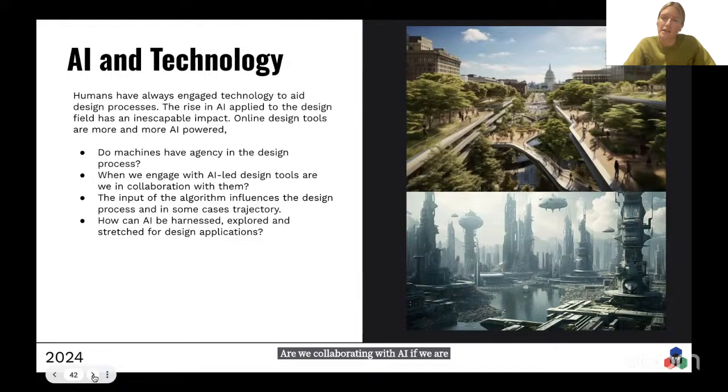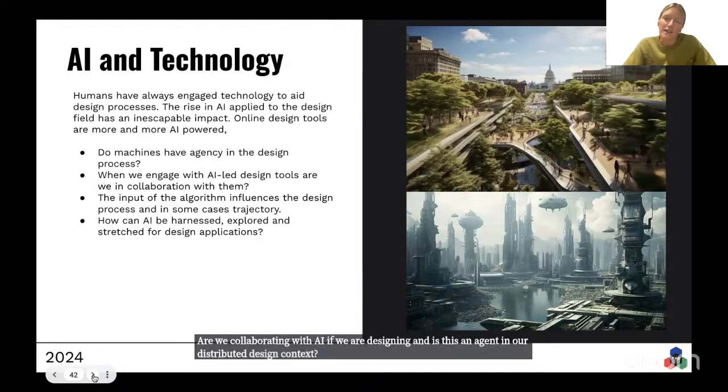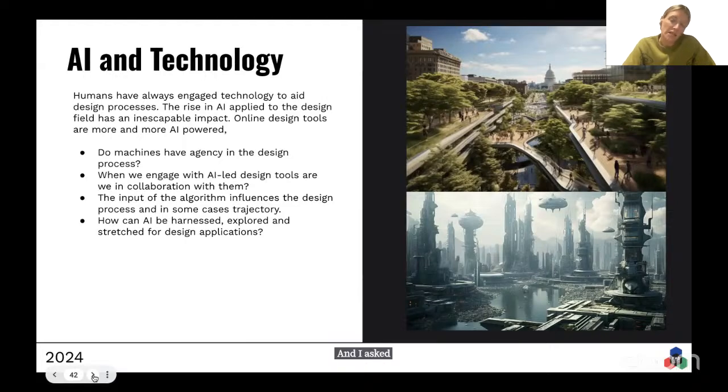And is this an agent in our distributed design context? I asked this question a little bit tongue-in-cheek and a little bit not. The two images on the right-hand side of the screen are AI-generated images. The prompt was: can you design a future city?